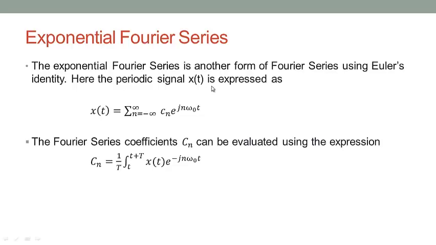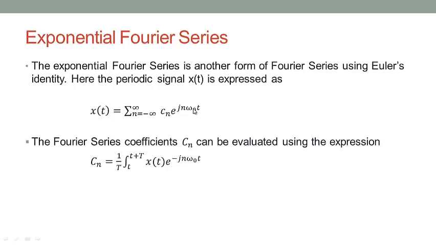Here the periodic signal x of t is expressed as x of t is equal to summation n is equal to minus infinity to plus infinity of cn e power j n omega naught t. So this complex exponential will include cosine term and sine term.